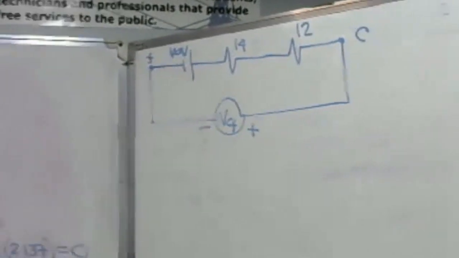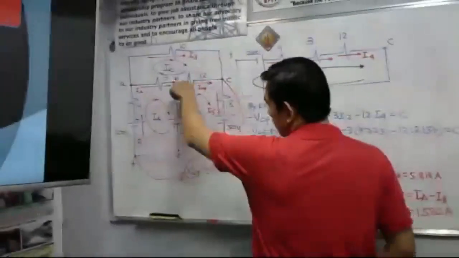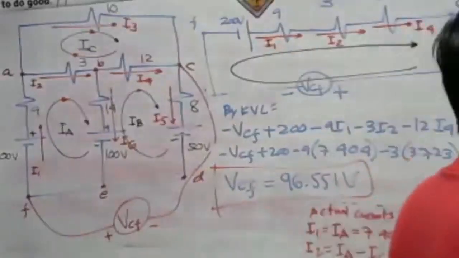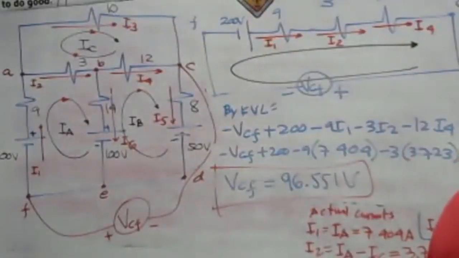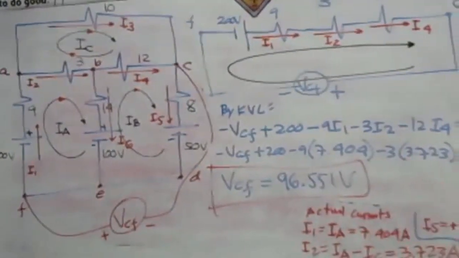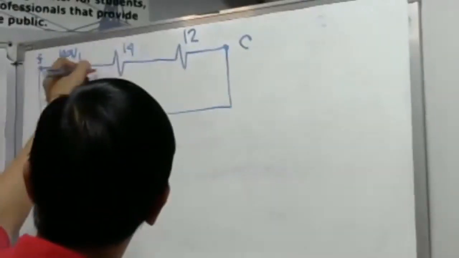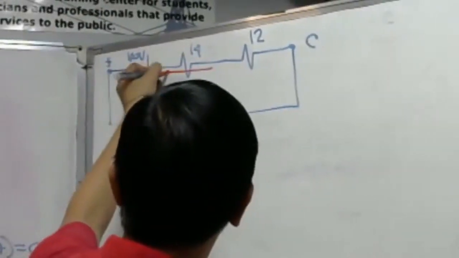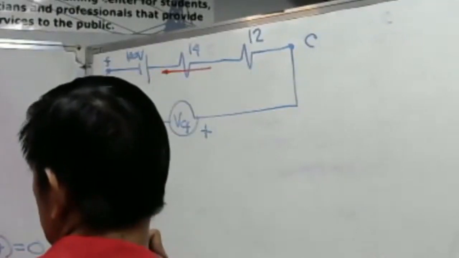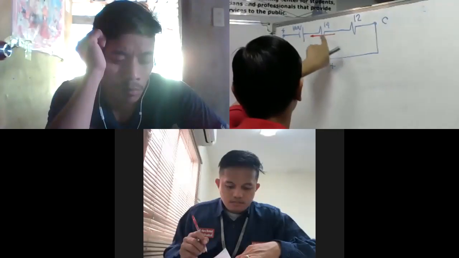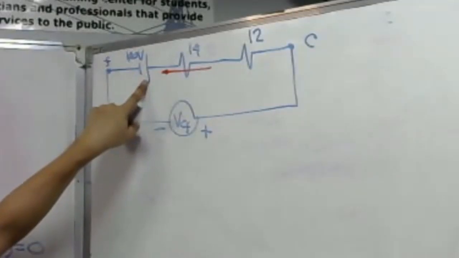That is our current I6. The current I6 is towards the positive of 100 volts, pointing at the positive 100 volts terminal.